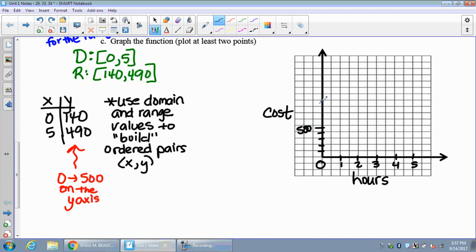Notice how much of the scale you haven't used, though. So maybe we go 100, 200, 300, 400, 500.